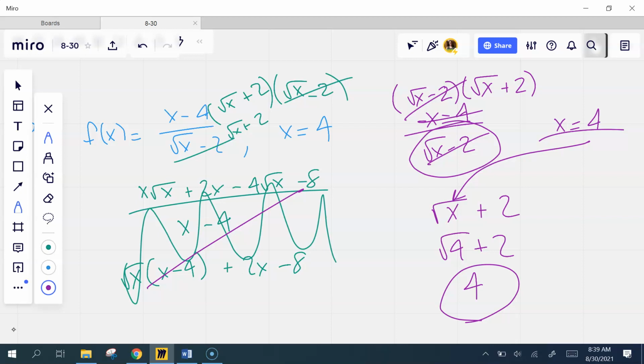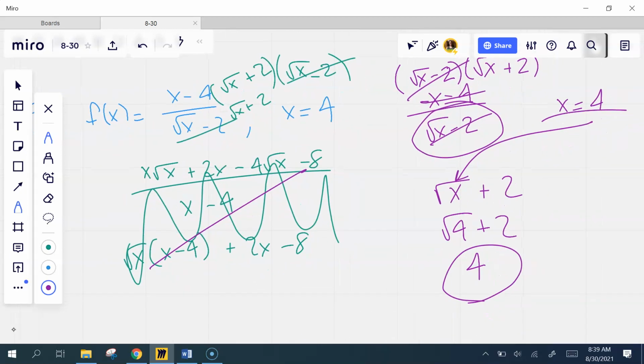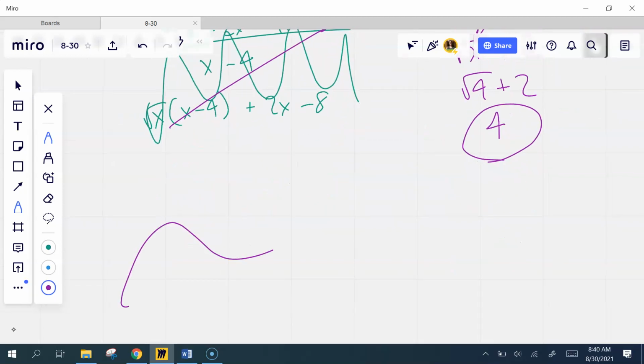So this concept is essentially saying we know that there's a hole at 4. Whatever else this function's doing, there's a hole here, right? We want to make it not have a hole. So what value would we have to plug in so that this filled in here?